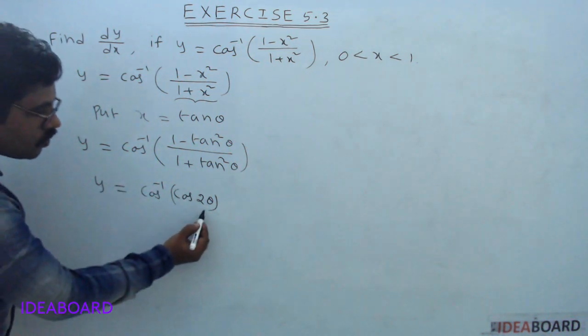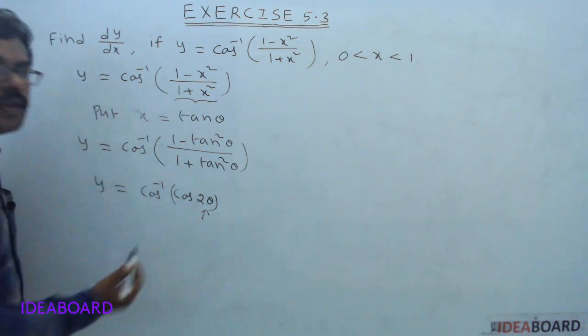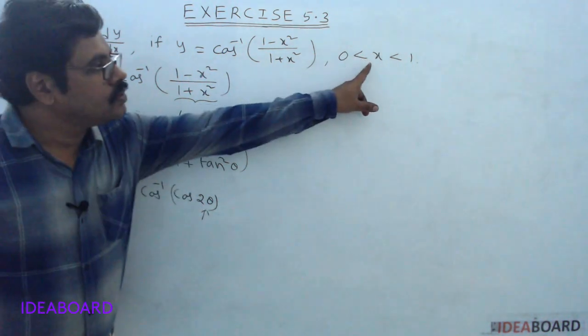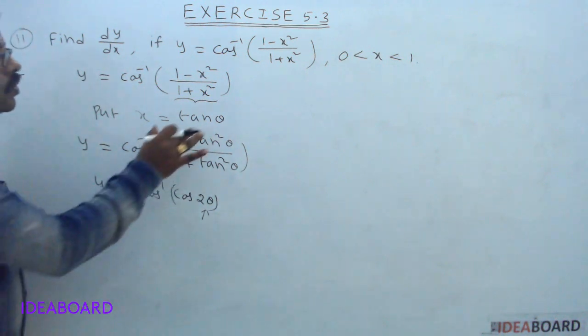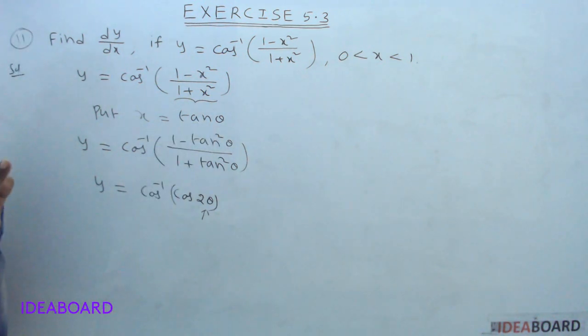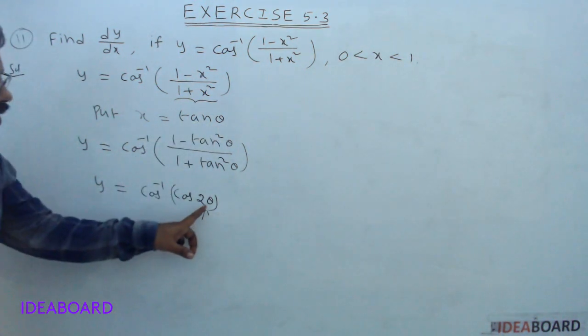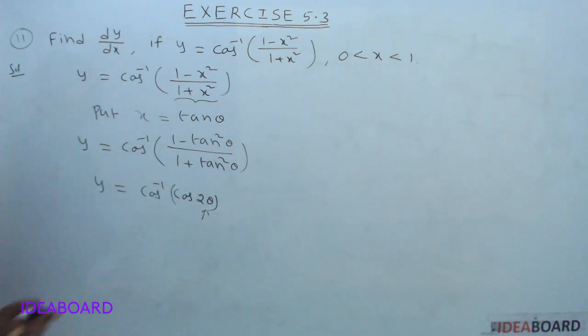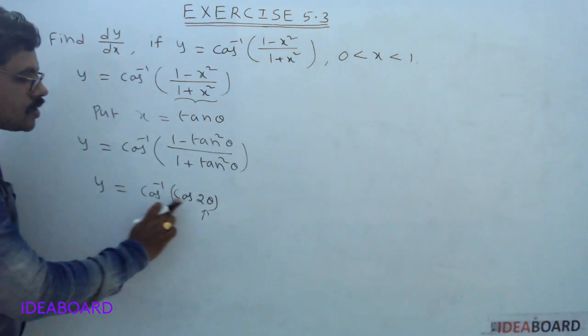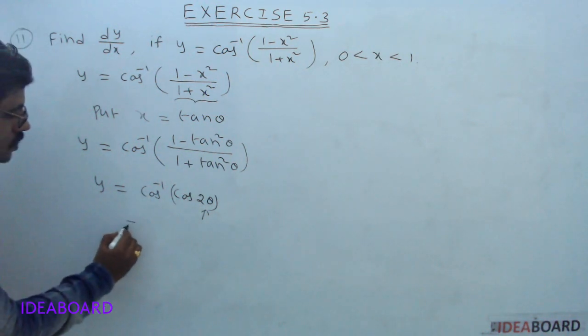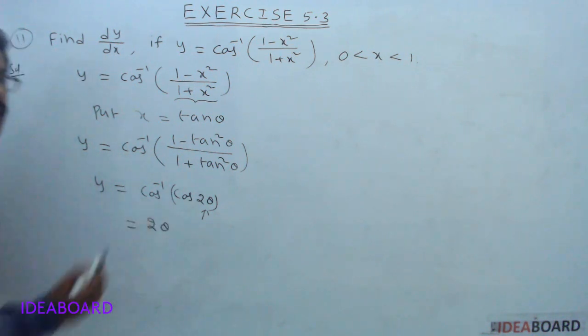Now here to verify this 2 theta value, according to this condition, through this substitution, definitely this 2 theta value lies in the range of cos inverse. So I will take cos inverse of cos 2 theta as 2 theta directly.